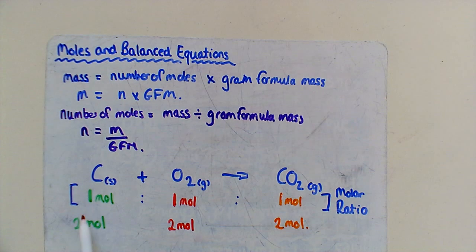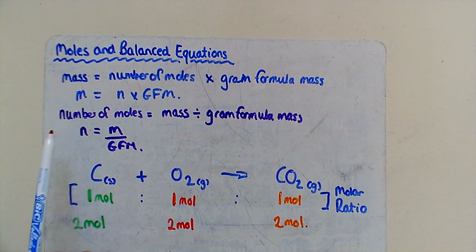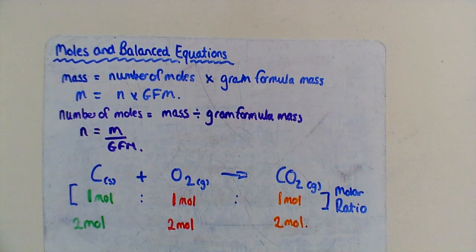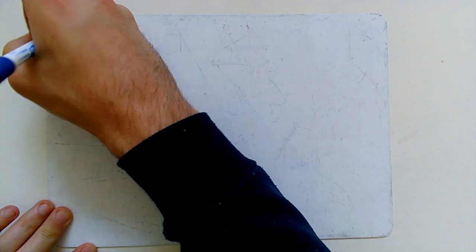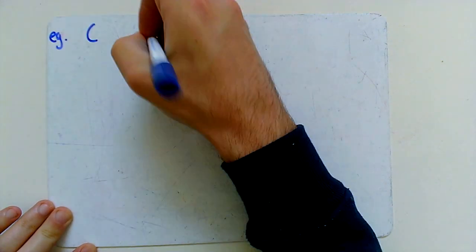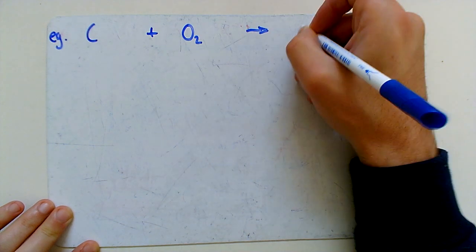What we need to be able to do now is use this molar ratio and use mass and moles. So there are two ways that we can do this. So we'll take this as our example, carbon plus oxygen going to carbon dioxide.